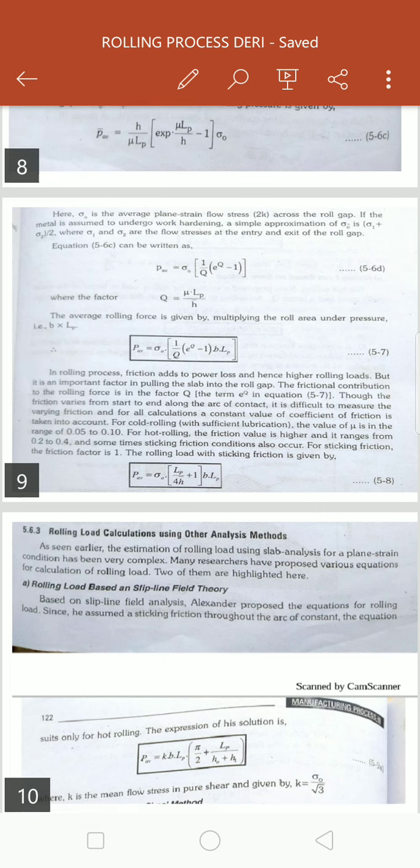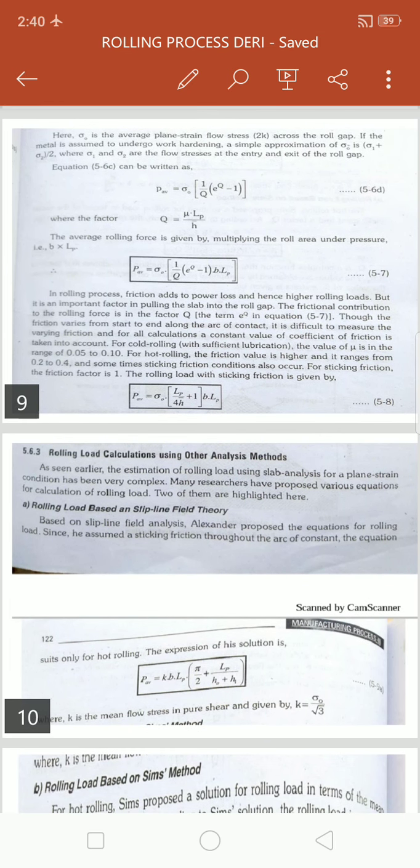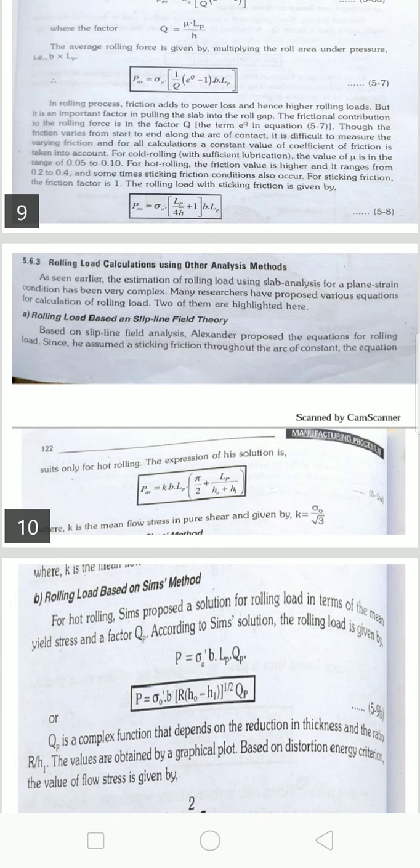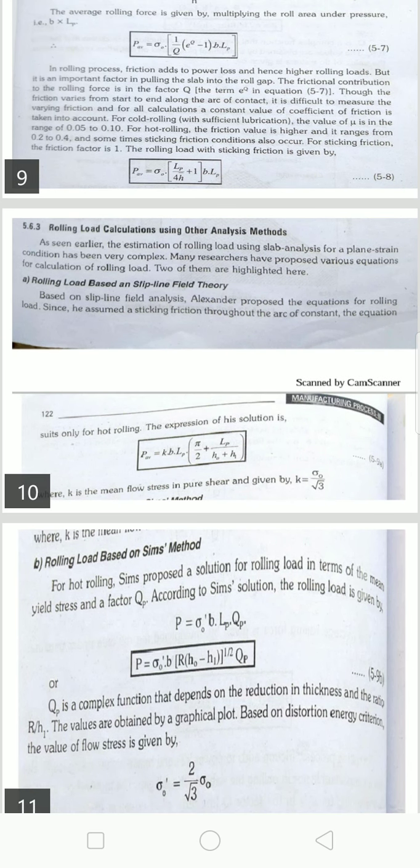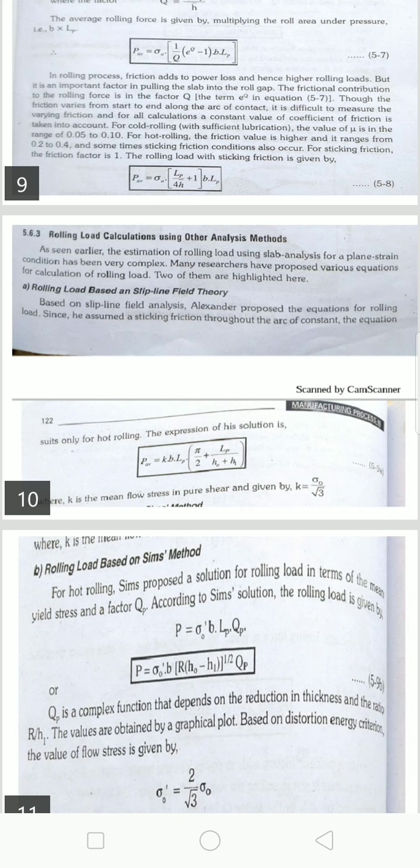Though the friction varies from start to end along the arc of contact, it is difficult to measure the varying friction under the roll. For all calculations, a constant value of friction is taken into account. For cold rolling, the value of mu is in the range of 0.05 to 0.1. For hot rolling, the friction value is higher and ranges from 0.2 to 0.4, and sometimes sticking friction also exists.